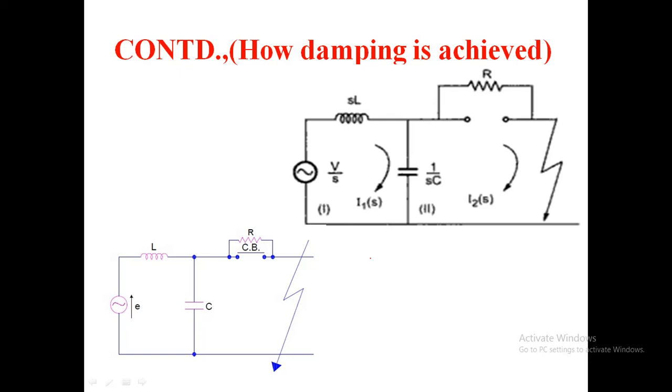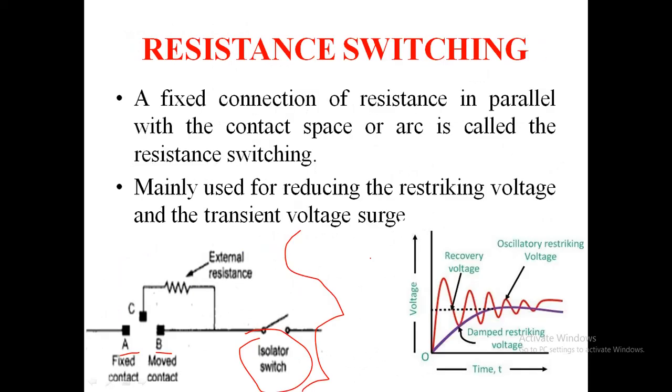This process continues until the current through the arc is diverted through the resistance. This is the waveform: recovery voltage, oscillatory restriking voltage. If the value of current remaining in the arc is small, then it becomes unstable. Then the resistance may automatically switch in and the current can be transferred.